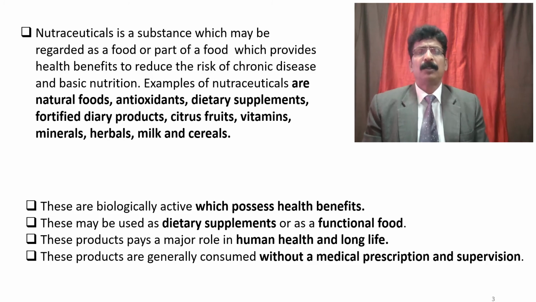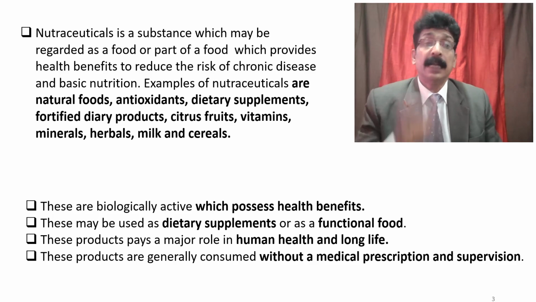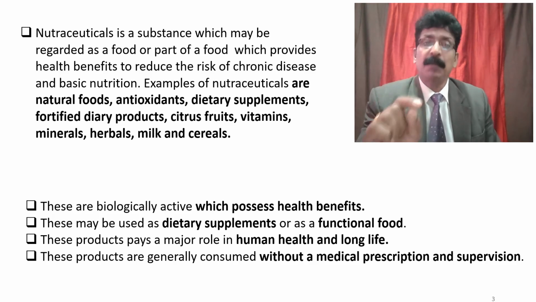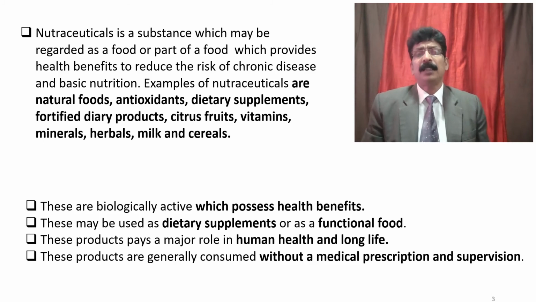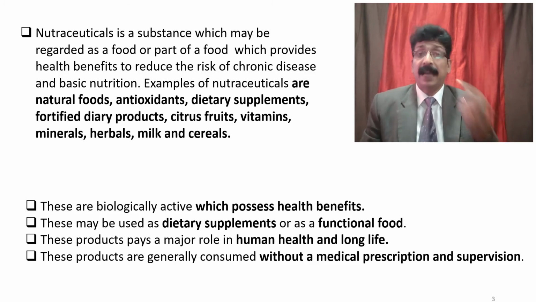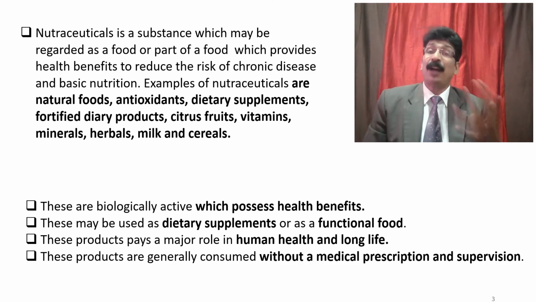So dietary supplements, fortified dairy products, citrus fruits, vitamins, minerals, herbals, milk, and cereals are biologically active and possess health benefits. These may be used as dietary supplements or as a functional food.